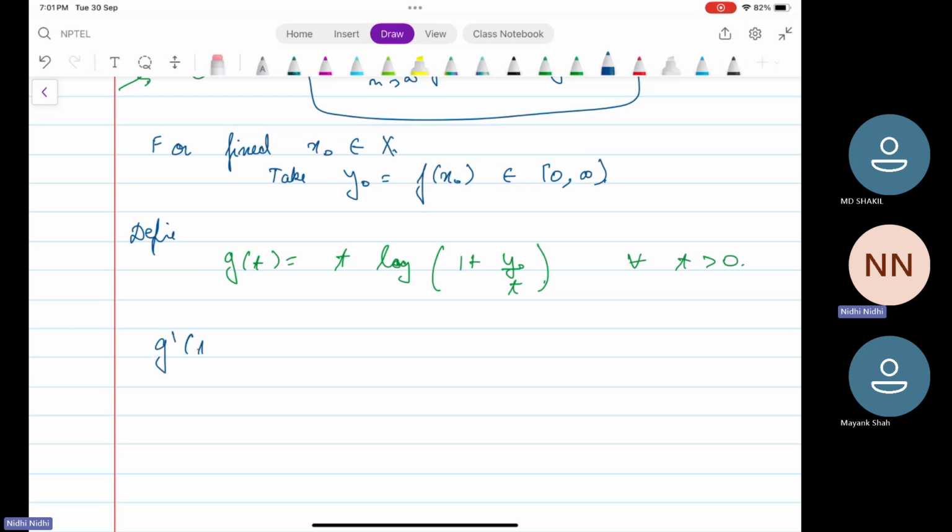Let's find the derivative and look for its critical points. Will it have a critical point, or will it be increasing or decreasing throughout?